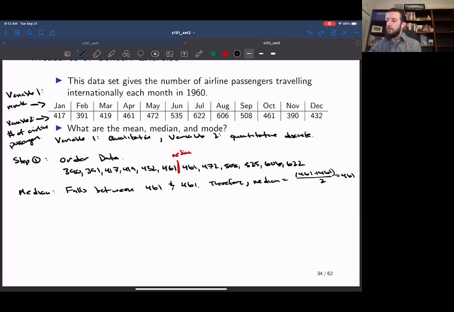And then we can say something to the effect of, the median is the halfway point in the data.